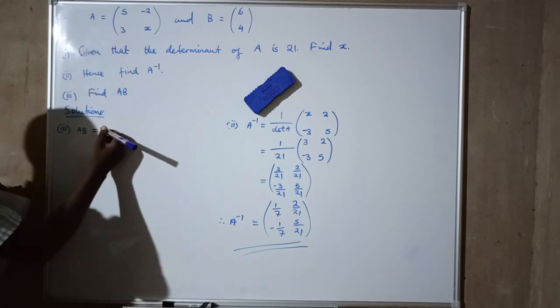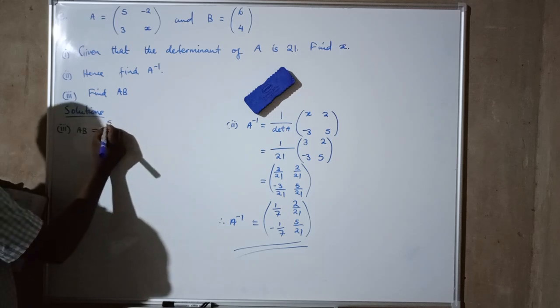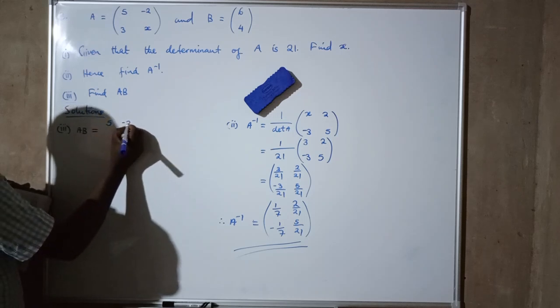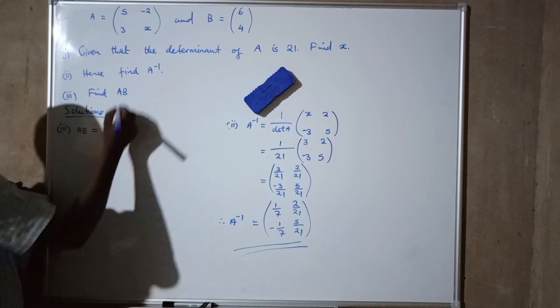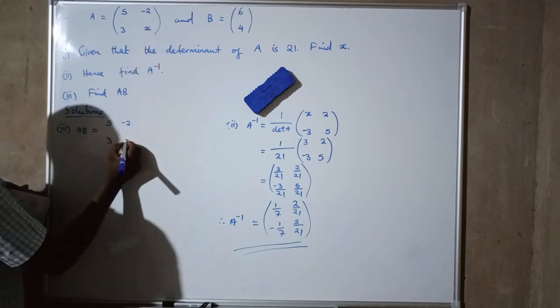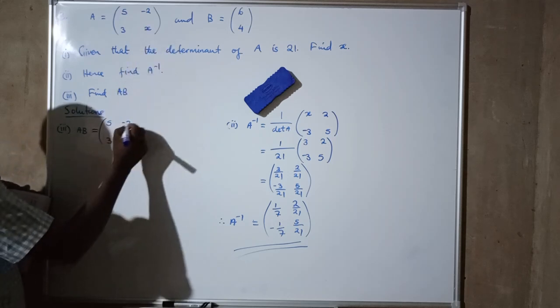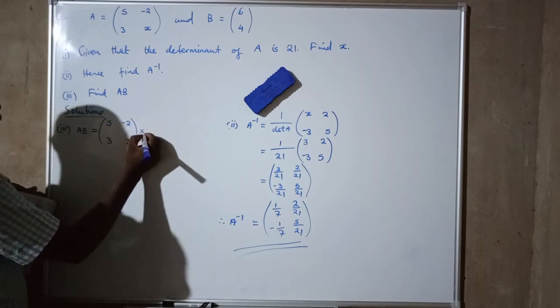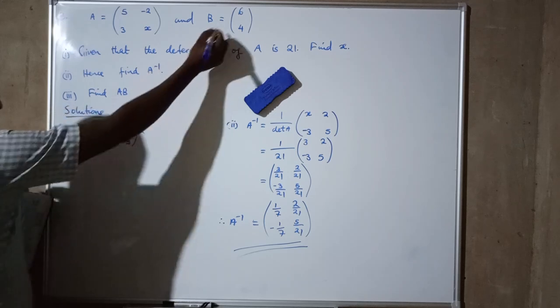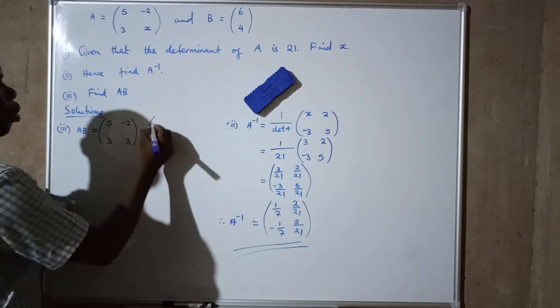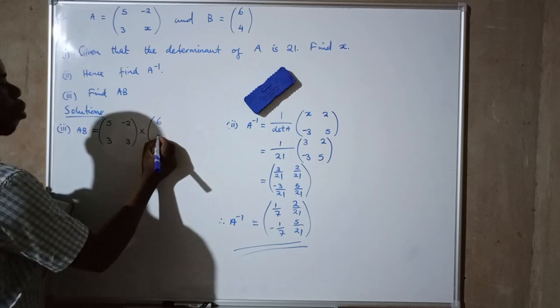So for A we put 5, -2, 3. Where there's x, we have found that it is 3. Then we say times, where there's B, we'll put that one, open brackets, 6, 4.